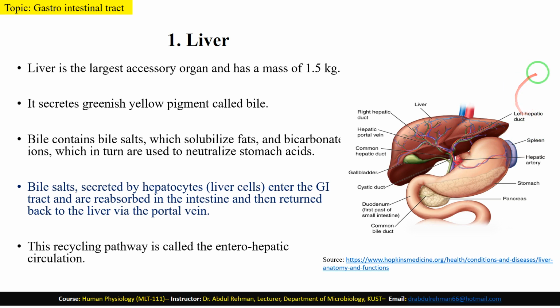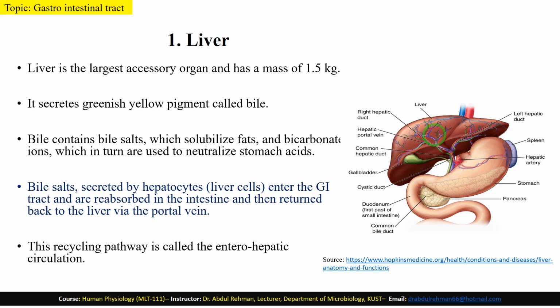Here you can see there are two lobes. One is the left hepatic duct and another is the right hepatic duct. Beside this, the hepatic portal vein is used to bring the reabsorbed bile back into the liver.